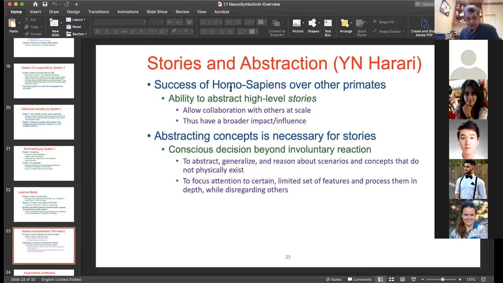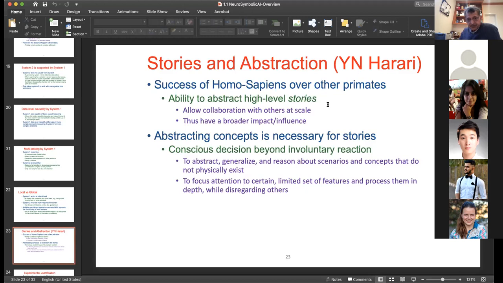Now we're talking about evolution here. Success of Homo sapiens, human beings over other primates, right? Monkeys. Ability to abstract high-level stories. We're able to abstract something. What makes human beings more successful than other animals, including monkeys and chimpanzees and so on?